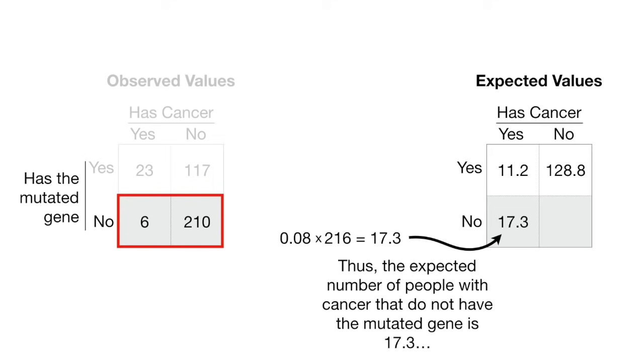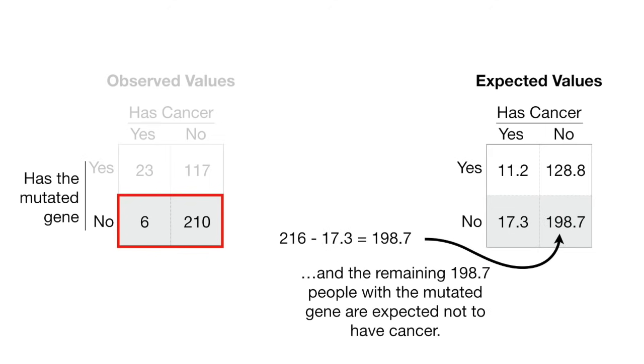Thus, the expected number of people with cancer that do not have the mutated gene is 17.3. And the remaining 198.7 people without the mutated gene are expected not to have cancer.